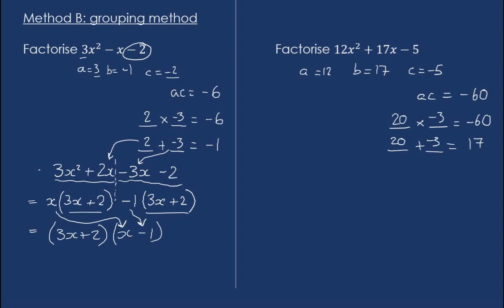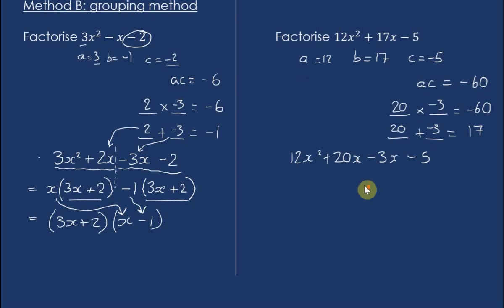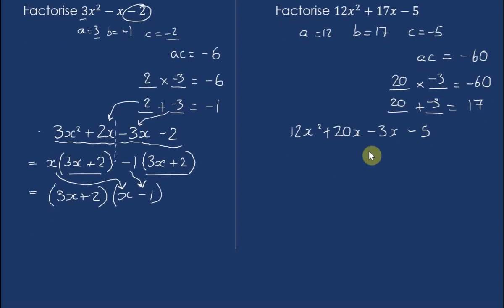So I'm going to rewrite the original expression as 12x squared plus 20x minus 3x minus 5. Okay, and a lot of you at this point might be thinking, well, does it matter which way around these two terms go? And the answer is no, it doesn't at all. I'll show you that it doesn't in a moment. Right, now we're going to consider it in parts. I'm going to factorise this expression, and what's common to both of those?